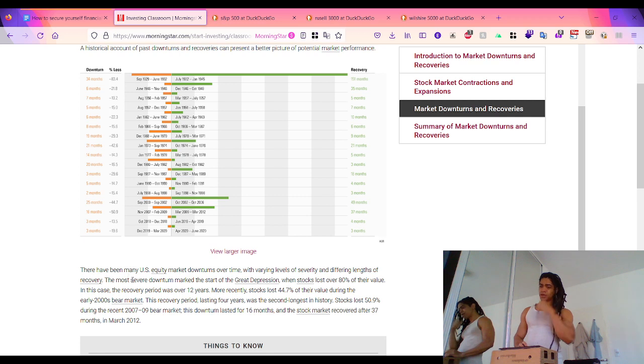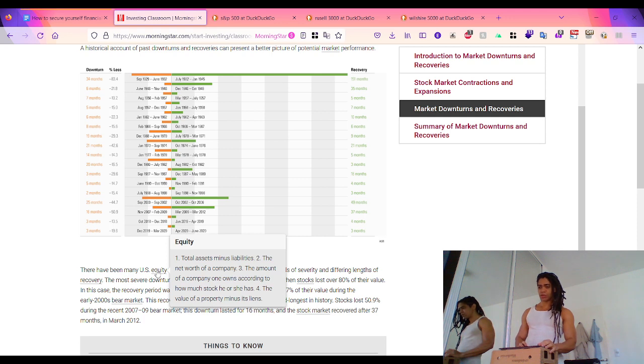So there have been many US equity market downturns over time. And by equity, we mean the total asset minus liabilities. This is very important to understand about equity.